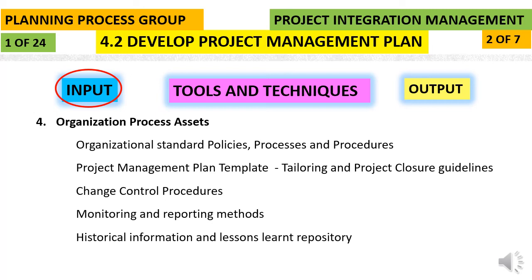Organization standard policies, processes, and procedures, any templates for the project management plan, guidelines, and any tailoring methodology or tailoring process which needs to be adopted, then any closure guidelines for the project, then change control procedures, and monitoring and reporting methods, information flow, and how you need to collect the historical information and capture the lessons learned repository. So all these things need to be considered as an input under organizational process assets.